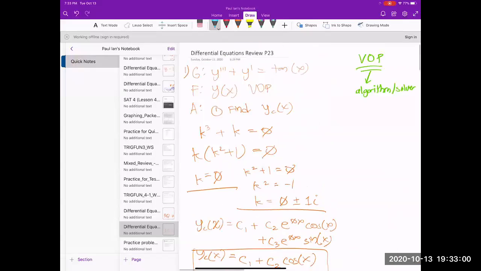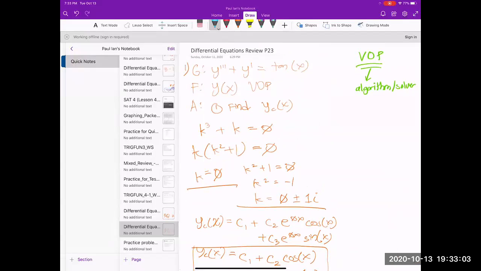So let's look at this one, 23 number 1. 23 number 1 is y triple prime plus y prime equals tan x.